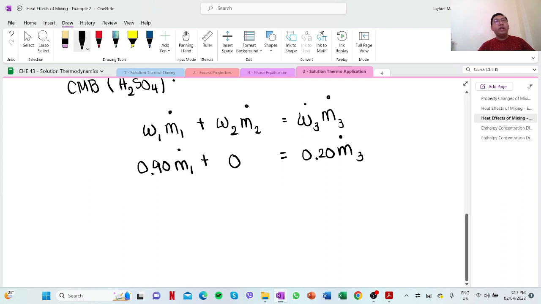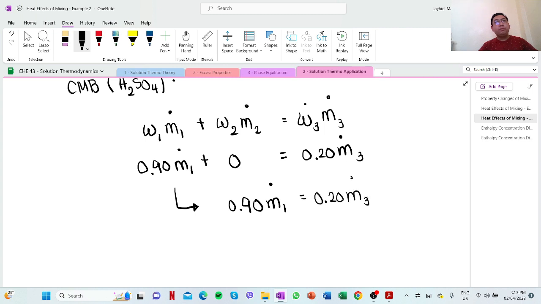So this will result in a relationship between M1 dot and M3 dot. I plan to get the value of M3 because this is what I want to cancel out later.